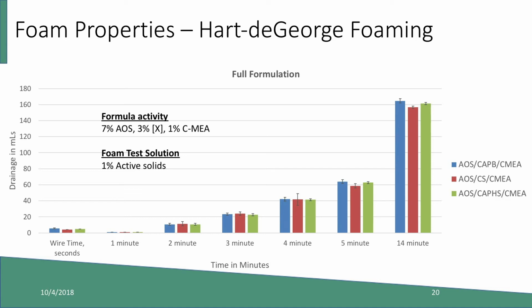In this case, we did see great performance coming out of this amphoteric sulfonate. Wire times were very similar among the three different groups, and then looking at the foam stability, it's either right there in the pack or it performs even better the longer the period of time that you're looking at.